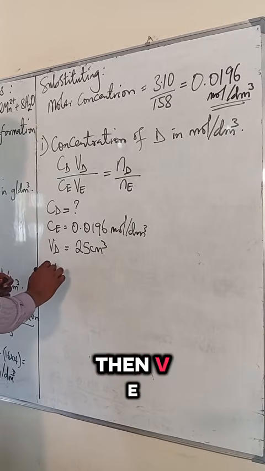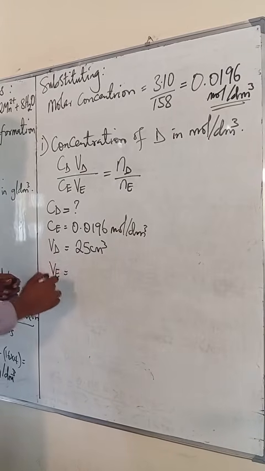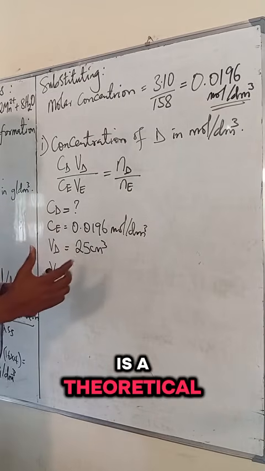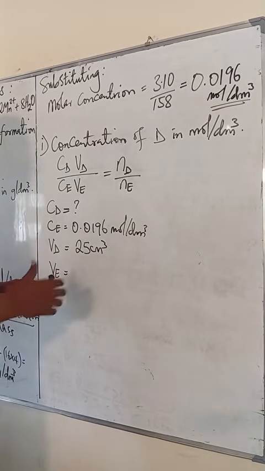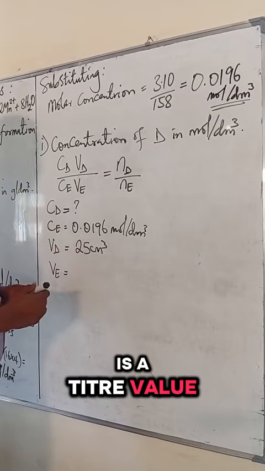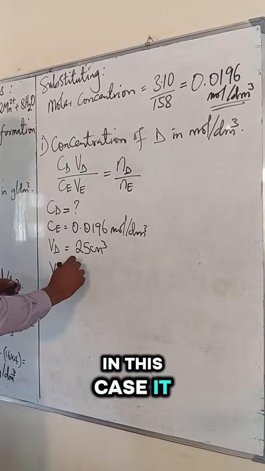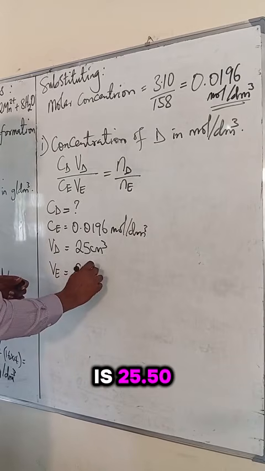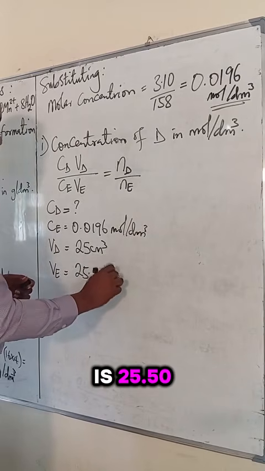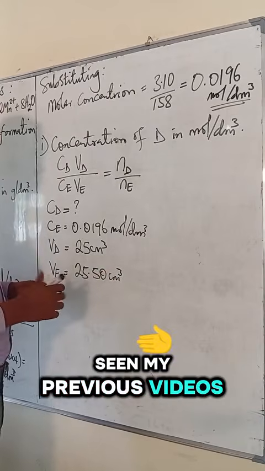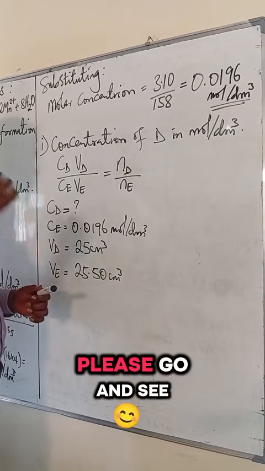Then VE is our titre value. In this case, it is 25.50. If you have not seen my previous videos on how to arrive at this, please go and see it.